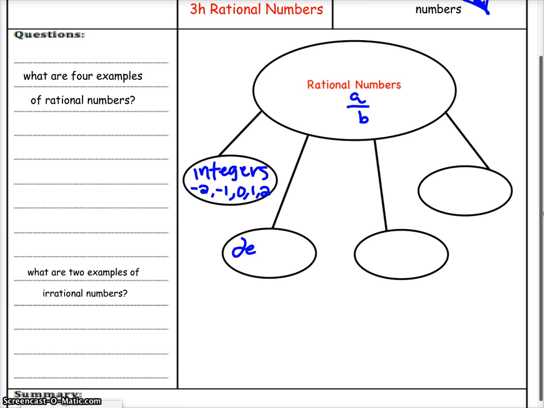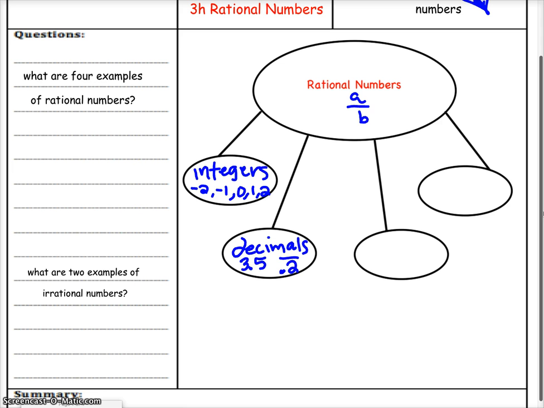You can put decimals. Anything with a decimal you can turn to a fraction. You can turn 3.5 into 3 1/2, and you can turn 0.2 repeating into 2/9. So any repeating decimal or a decimal that ends is a rational number.